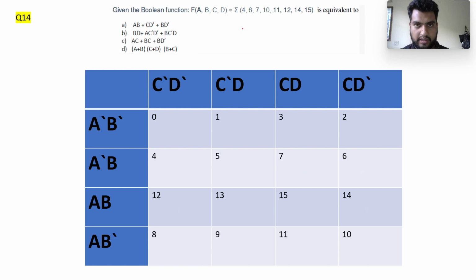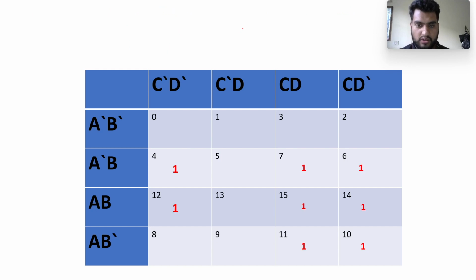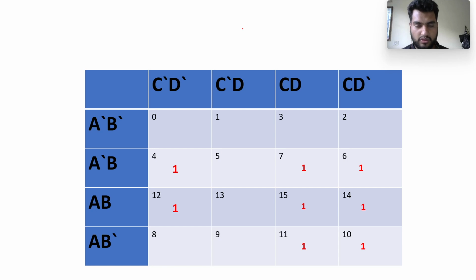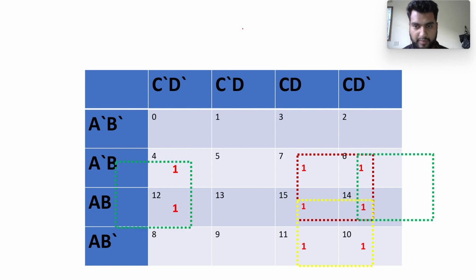So we have a 4 variable K-map like this, and accordingly we'll mark them. So we have 4, 6, 7, 12, 14, 15, and we will group them using quads, octets, or pairs, whatever is possible. So this is a quad we can make, and this is another quad we can make, and this is another quad we can make. So we have 3 quads, so 3 terms will come up.